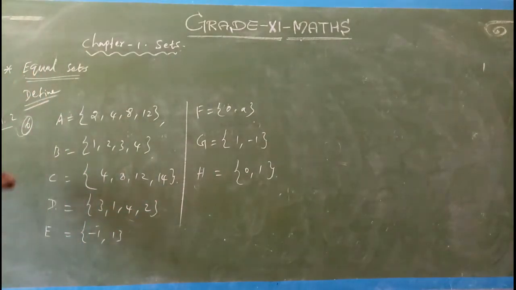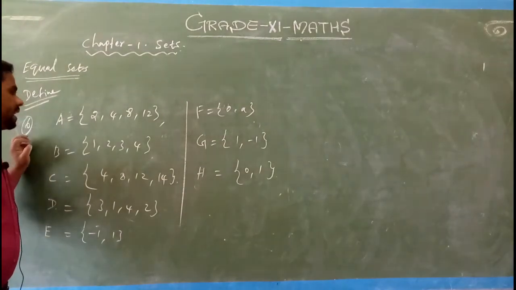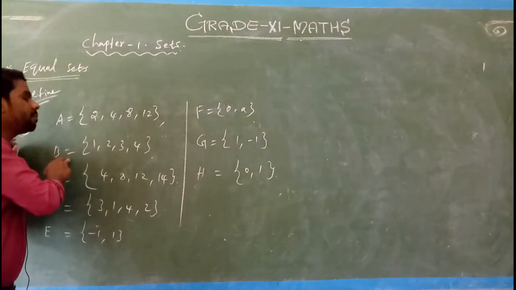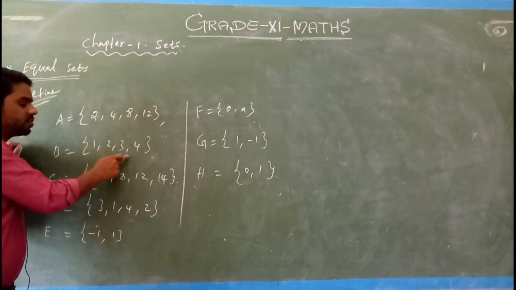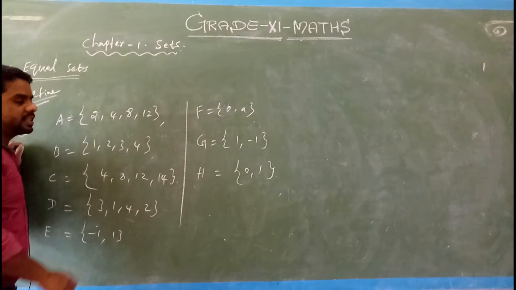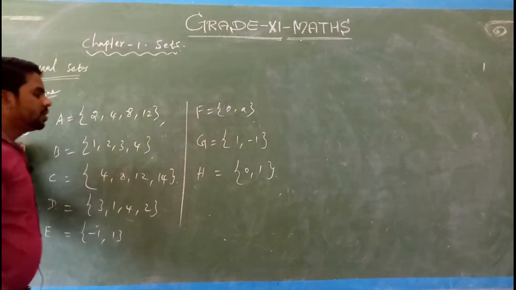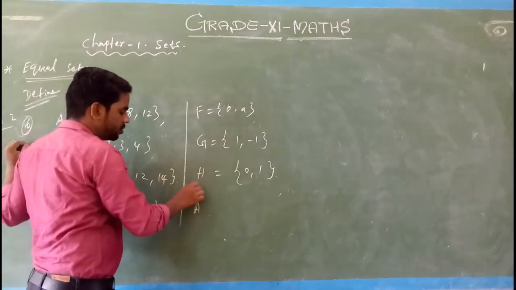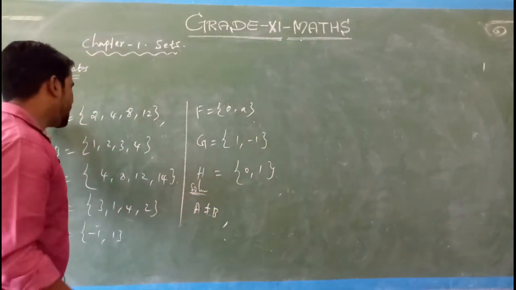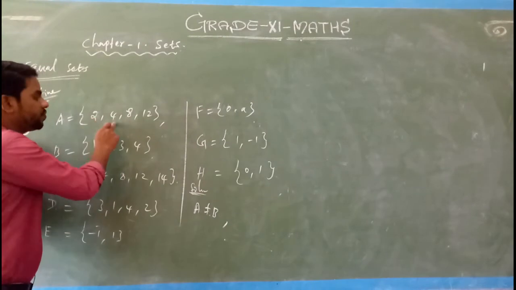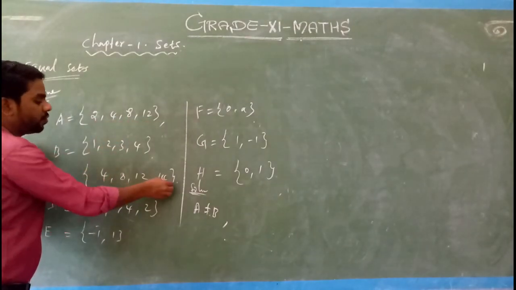So compare each and every set. Compare A and B first. A has 2, 4, 8, 12, but B has 1, 2, 3, 4. So the two sets have different elements. So A is not equal to B, and A is not equal to C. Here A has 2, 4, 8, 12, but C has 4, 8, 12, 14.